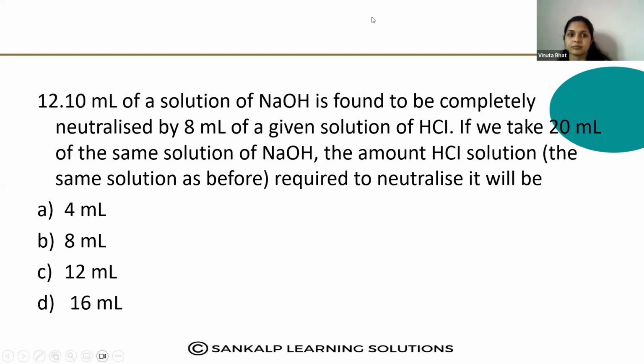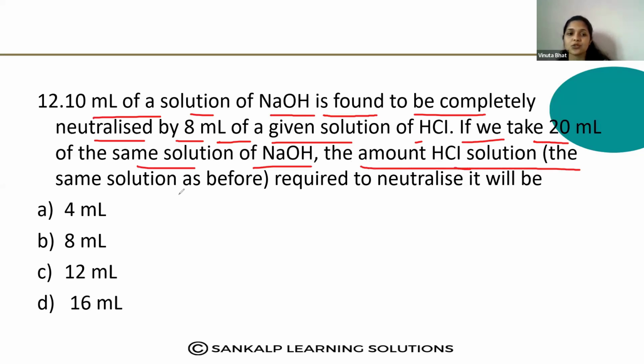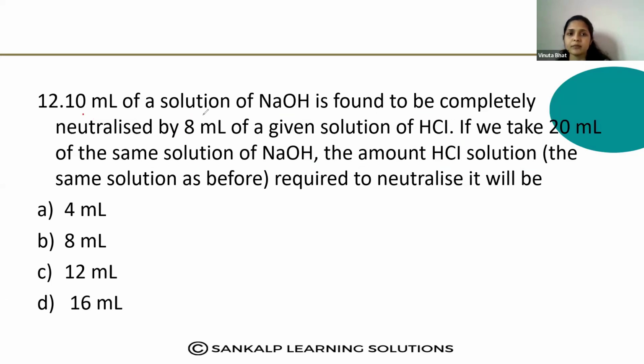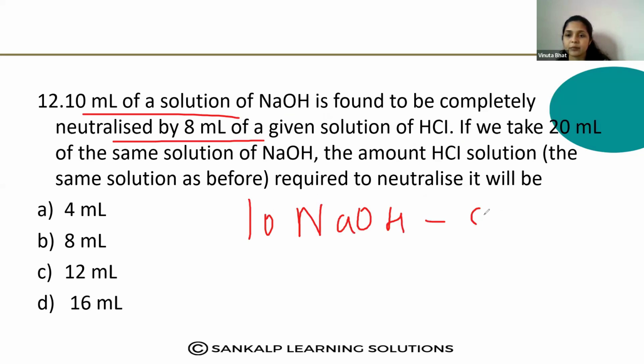Next question. 10 ml of a solution of sodium hydroxide is found to be completely neutralized by 8 ml of a given solution of HCl. If we take 20 ml of the same solution of sodium hydroxide, the amount of HCl solution required to neutralize it will be? So here 10 ml of sodium hydroxide is completely neutralized by 8 ml HCl.